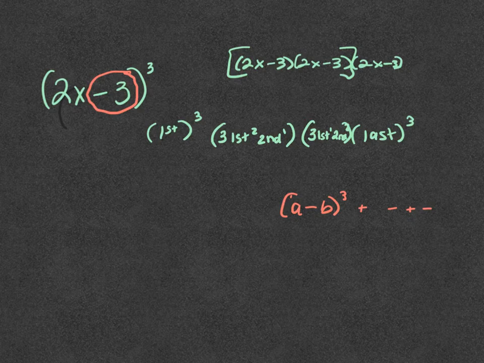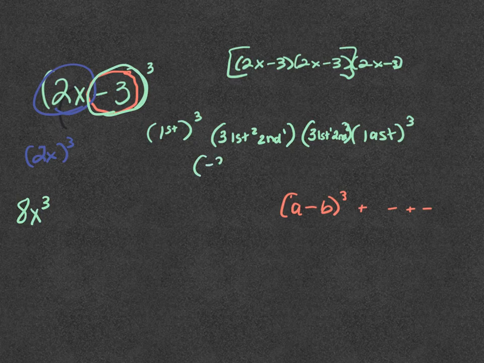So if I'm going to do this one, then I'm going to cube the first one. So 2 cubed is 8x to the third. Cube the last one. So negative 3 to the third. Negative 3 times negative 3 times negative 3 is negative 27.